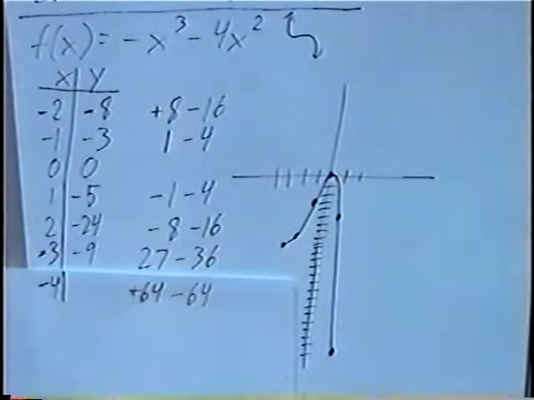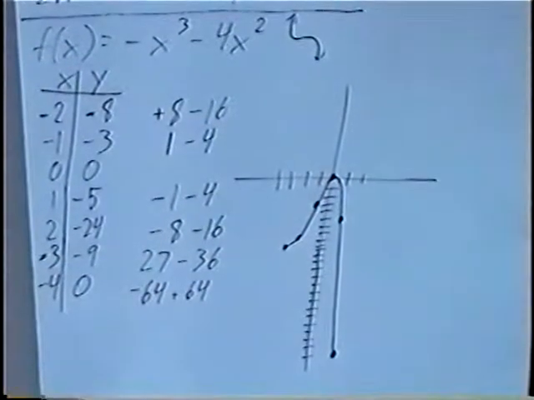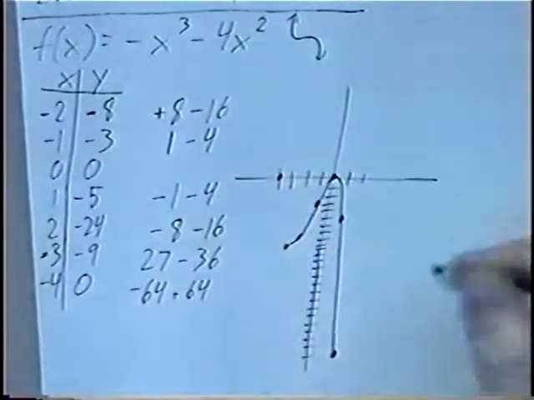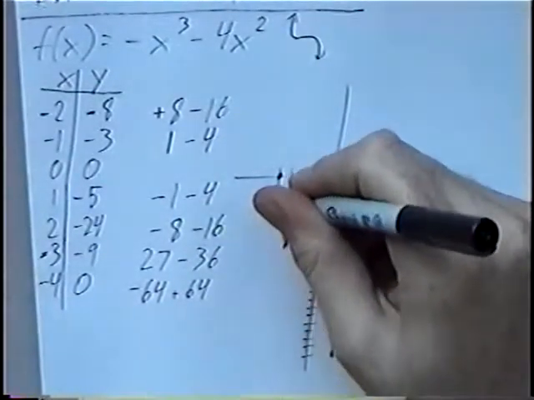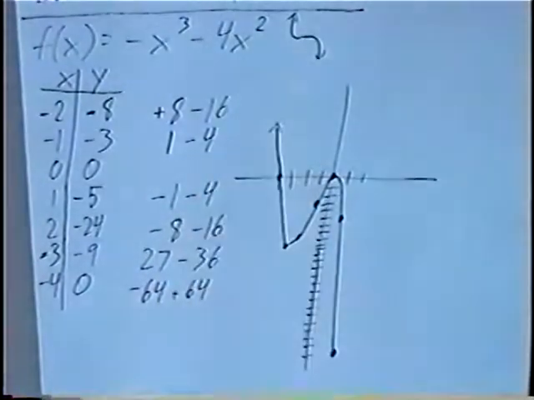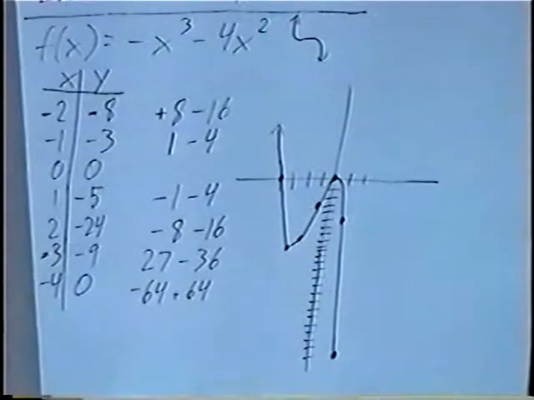So we'll have 64 minus 64, which will be 0. Graphing this point, -4, 0. We'll have the 0 for the graph, and we'll also have the graph turn back up and go up to the top left, which will match the shape of the graph that we should have. So this will be the graph for the function.